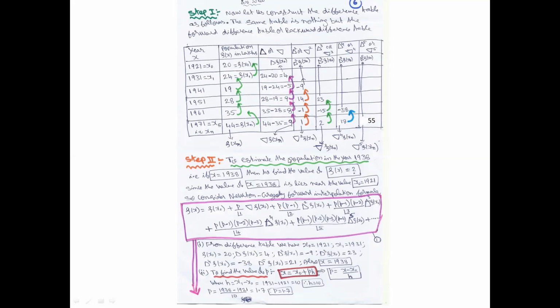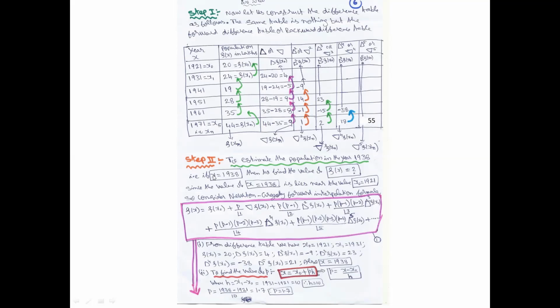To estimate the population in the year 1938, see the cursor: in 1921 we know it is 20 lakhs. In 1931 we know it is 24 lakhs. In 1941 it is 19 lakhs. But we need the population in 1938.